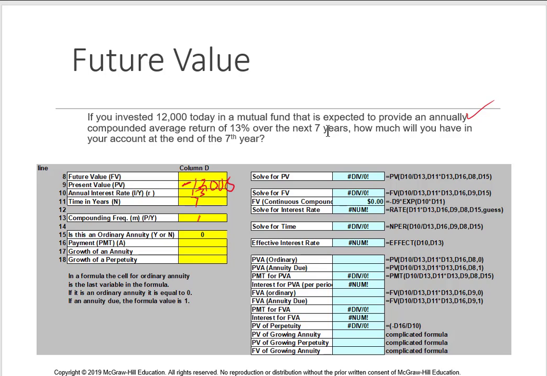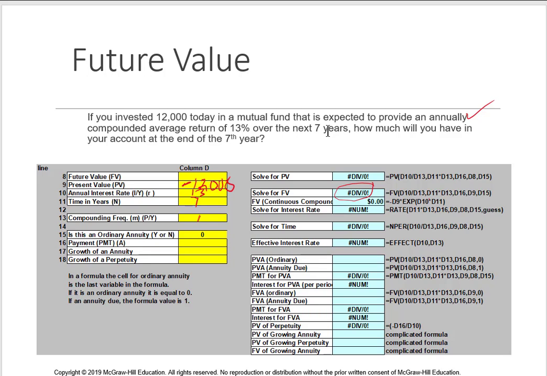So now if we're calculating future value, you need to plug that in right here. The answer will be in this box. And here is the formula. You take equals future value, and then you look at these cells over here. It's D10 divided by D13. That's the rate per period. D11 times D13, that's the number of periods in the investment.